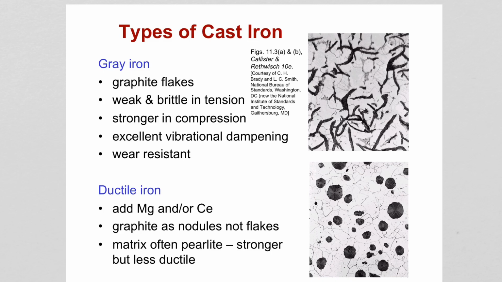And graphite in this case exists in the form of flakes, like cornflakes, and they are surrounded by a matrix that can be alpha ferrite or pearlite. A microscopic image of a gray iron is shown in this picture here, 11.3A. That represents how gray iron looks.